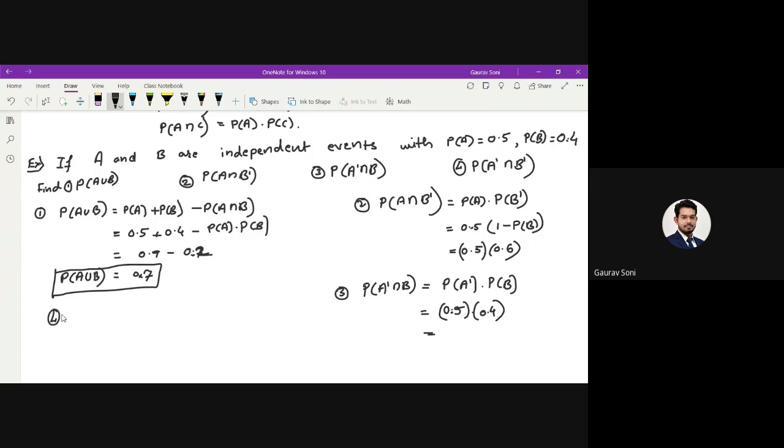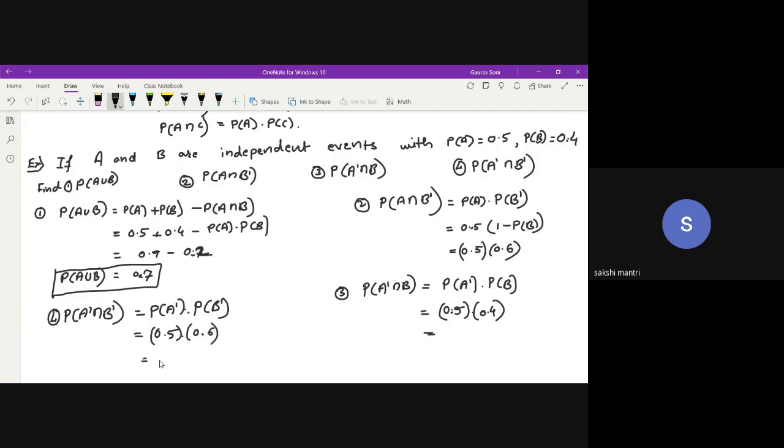And the fourth one, probability of A complement intersection B complement is also equal to probability of A complement into probability of B complement. Probability of A complement is 0.5. Probability of B complement is 0.6.